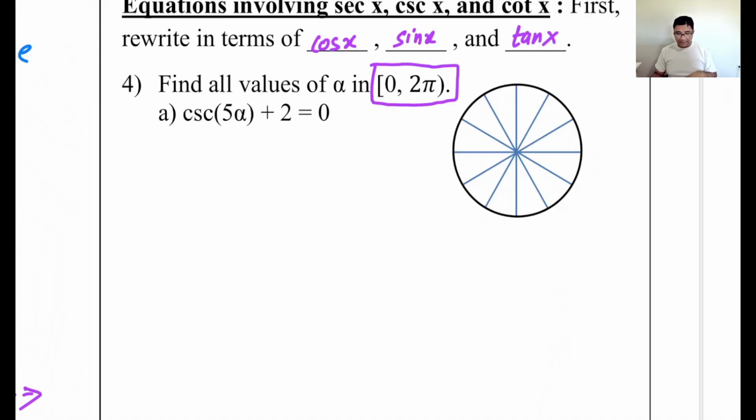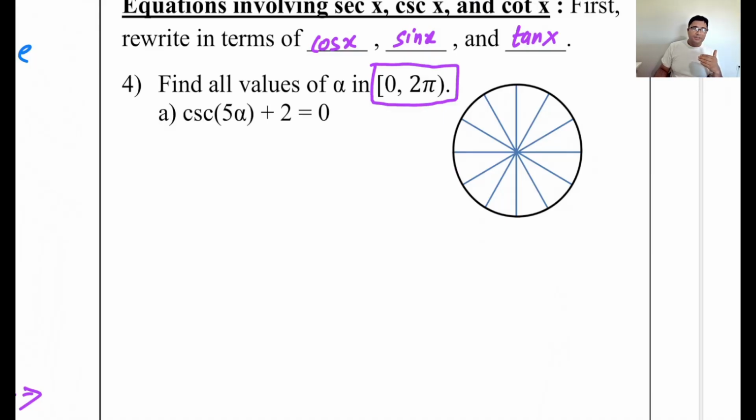I want you to make note, these are the two types of instructions you will typically get in a problem asking you to solve a trigonometric equation. What are the two types? Write general solutions, which is also called all possible solutions, all real solutions. That is one type.